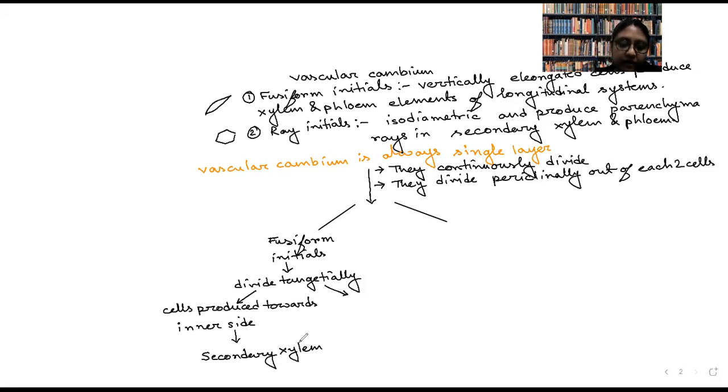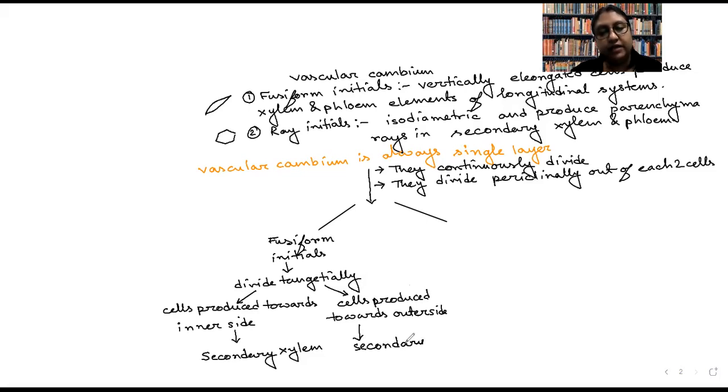And the cells produced towards the outer side will form the secondary phloem. Let me draw the diagram and tell you so that it will be easier for you to understand.